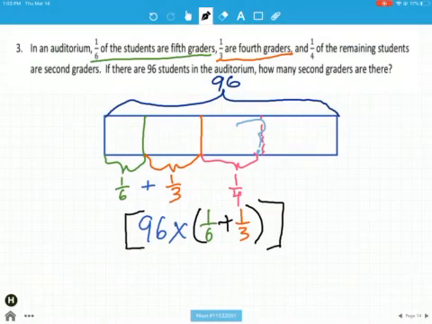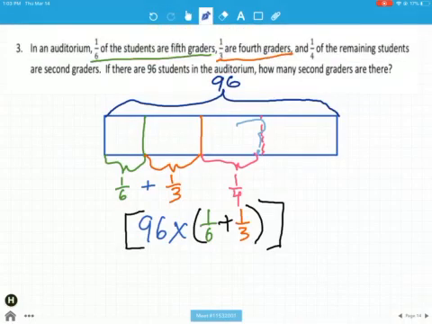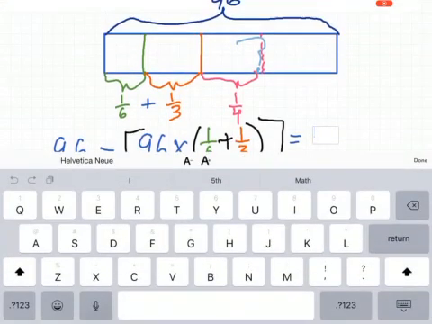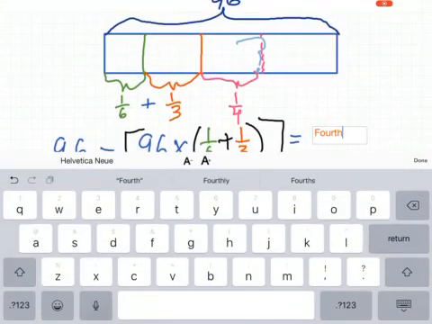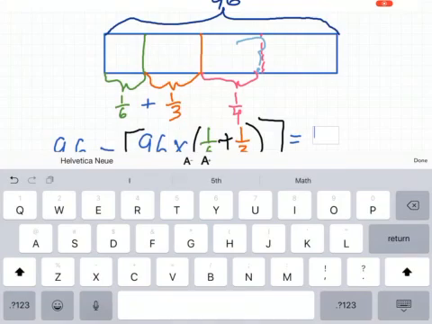I didn't show you this in class. Okay? But basically what's in brackets, you're going to subtract it from the 96 to find out how many 5th graders and 4th graders there are. Okay? So this equals how many 4th and 5th graders. Actually, no, sorry. With the subtraction, it's how many remaining.